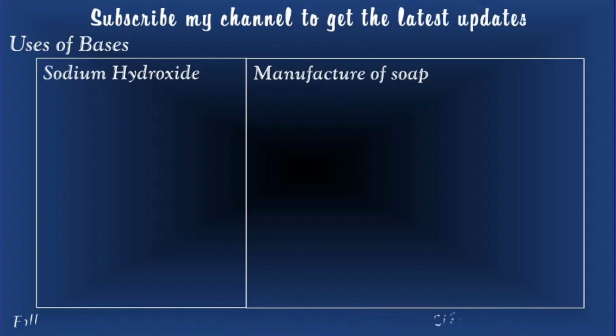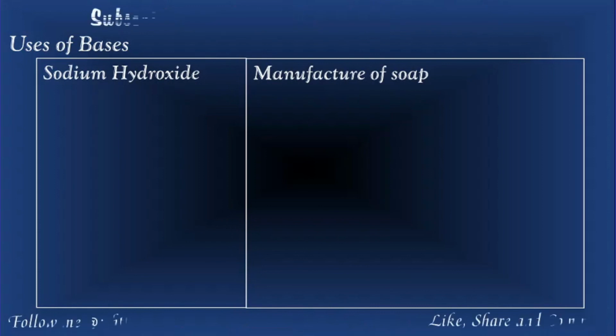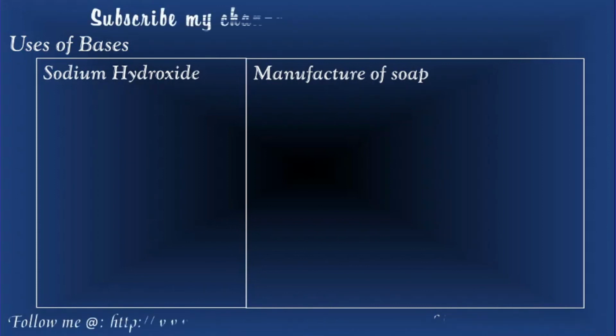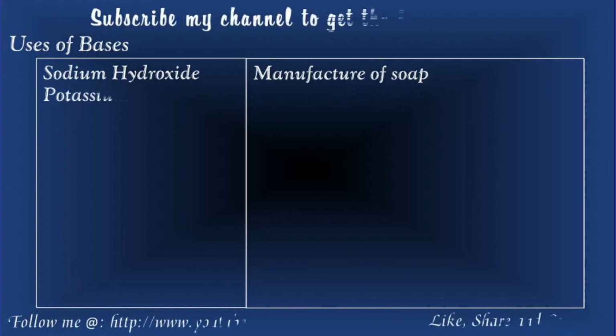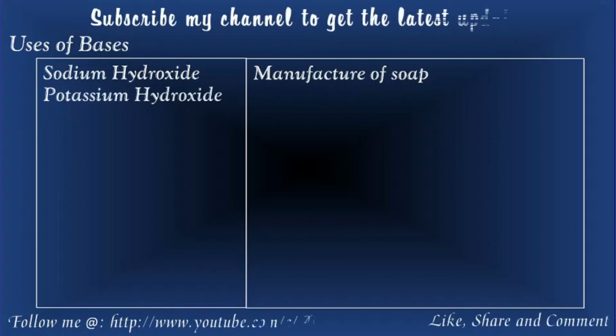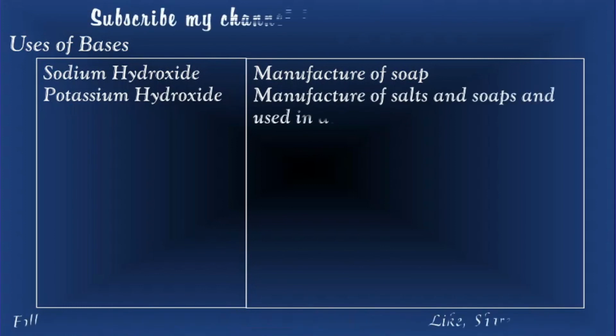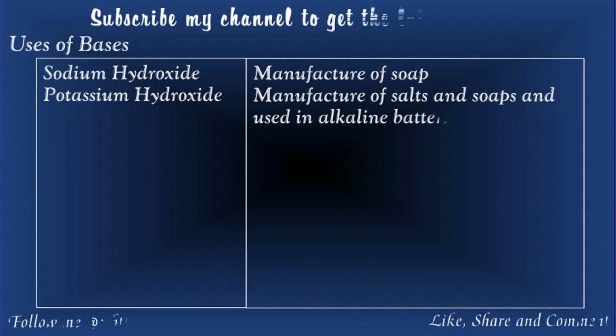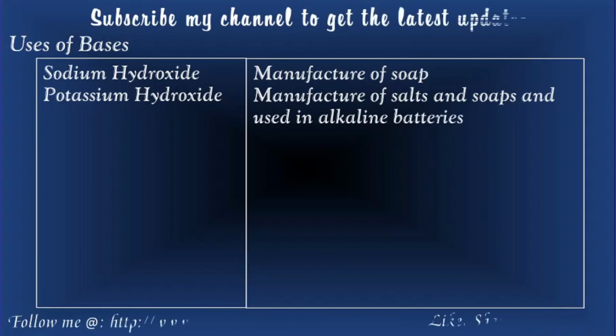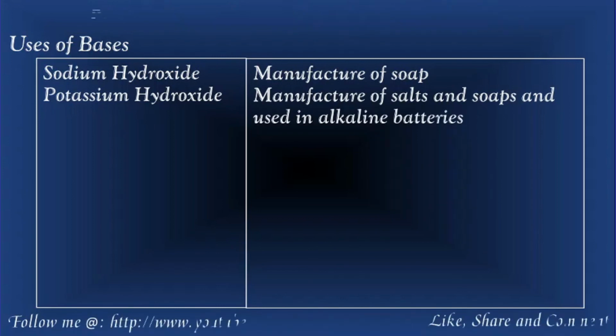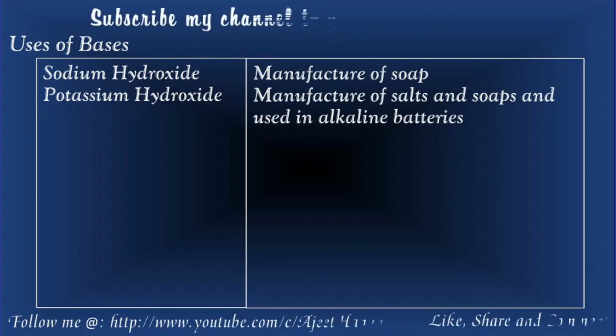Mainly the laundry soaps are manufactured using sodium hydroxide. Potassium hydroxide is also used in the manufacture of soap. Mainly the toilet soap and bathing soap are manufactured using potassium hydroxide, and it is also used for the manufacture of different salts, and in alkaline batteries.